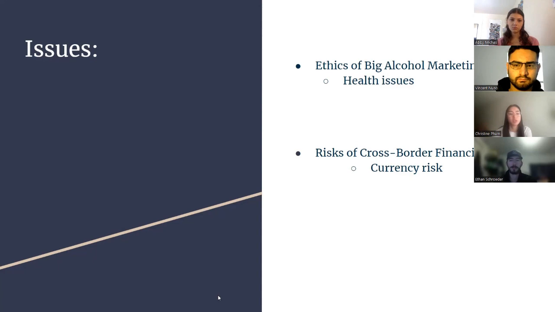It can be dangerous and have lifelong effects. So another one of the issues that this case brings up is the risks of cross-border financing. In Anheuser-Busch's case, this basically means their exports of their goods into foreign countries. And this can cause issues such as political risk as well as currency risk, which we will be focusing on.